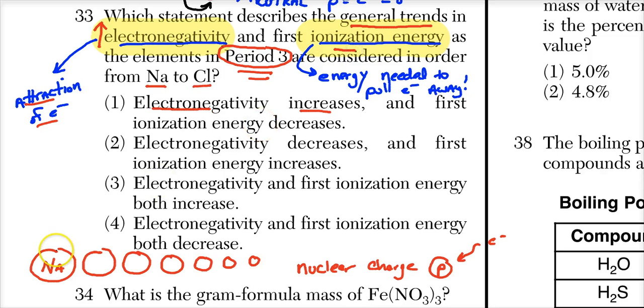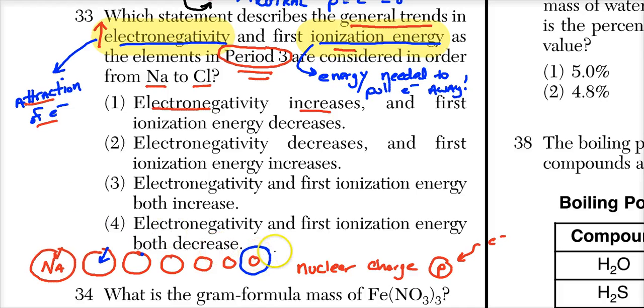Now, what happens to the first ionization? How is it related? Well, if you're pulling in these electrons, or attracting them more, doesn't it make sense that when the atoms get smaller because you're attracting electrons more because of more protons, that'll be harder to pull the electrons away? So the smaller the atom, which is small because there are more protons that attract the electrons more, doesn't it make sense that if these electrons are being pulled closer into the nucleus, they're going to be harder to remove? And of course it does.